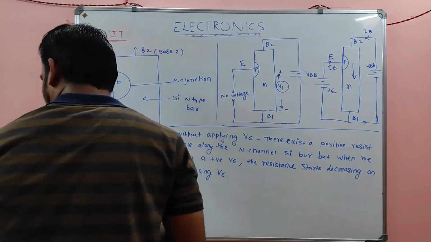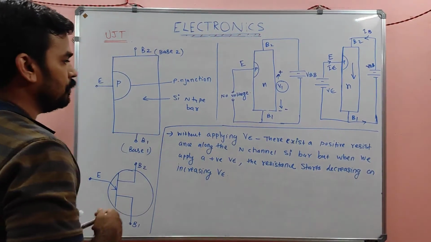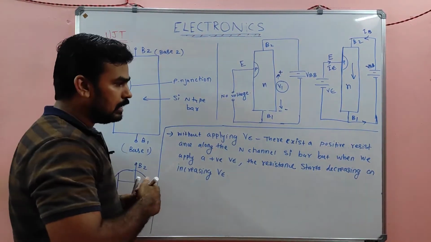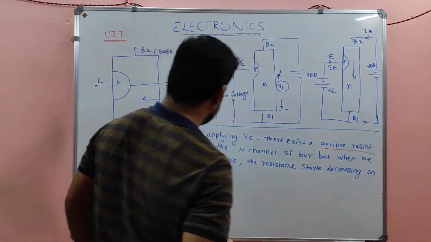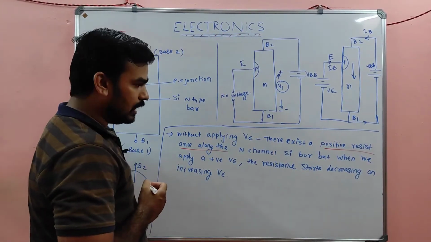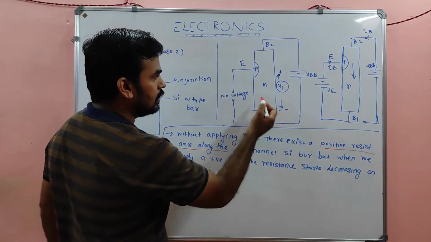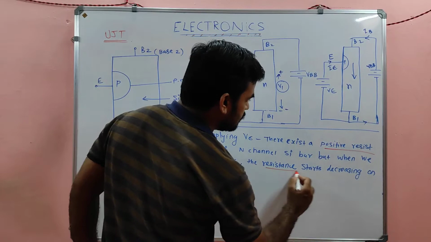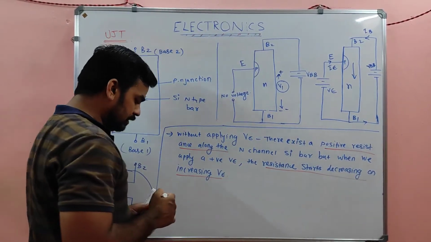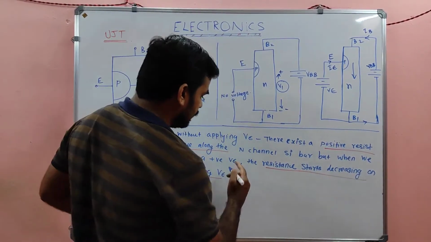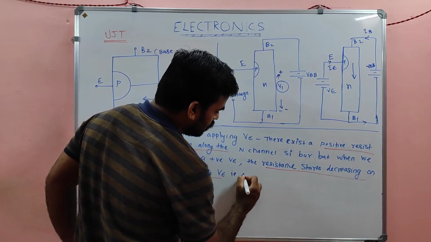So that is what you have to note here, my dear. These two important things you have to note. Without applying VE, there exists a positive resistance region along the channel, and when we apply a positive VE, the resistance starts decreasing on increasing VE, that is the negative resistance region.